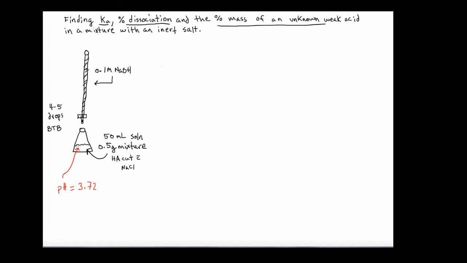The reason that you need this is that, hopefully, you realize that once we've dissolved this mixture into the water to make the solution, you have a weak acid equilibrium that I'll show this way. HA plus H2O, the weak acid reaches equilibrium to form H3O+ plus A-.